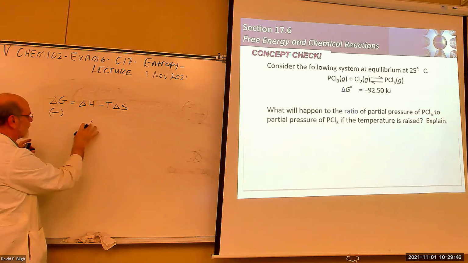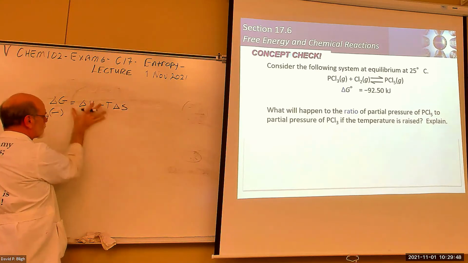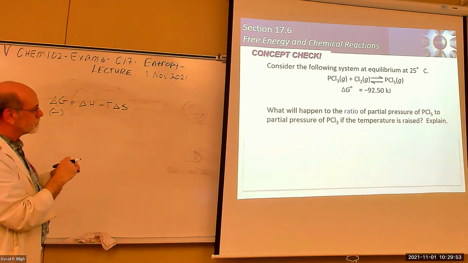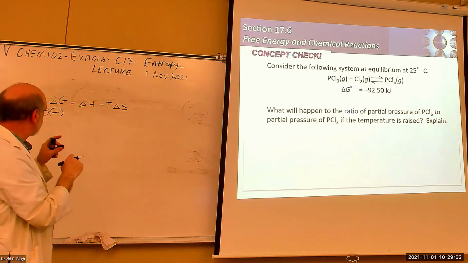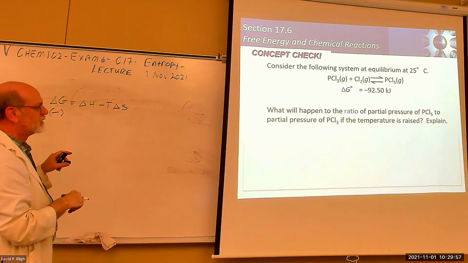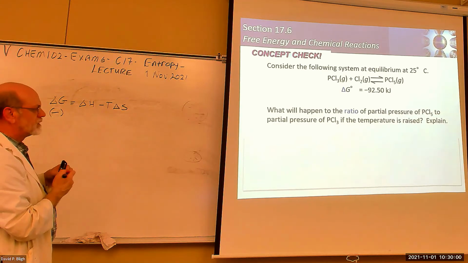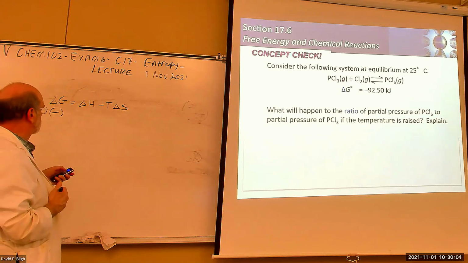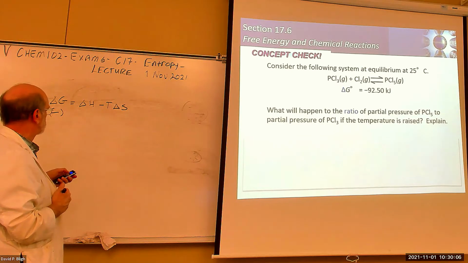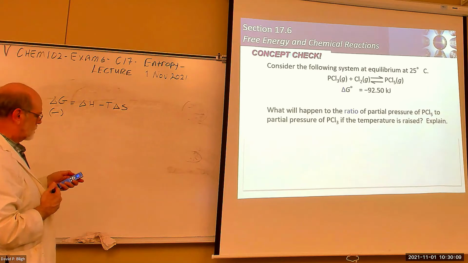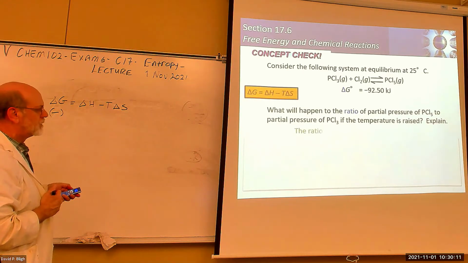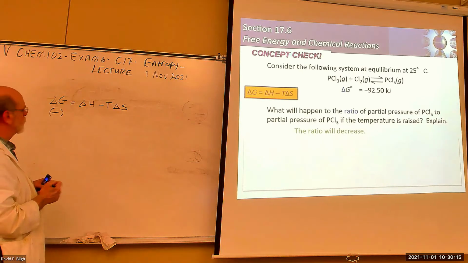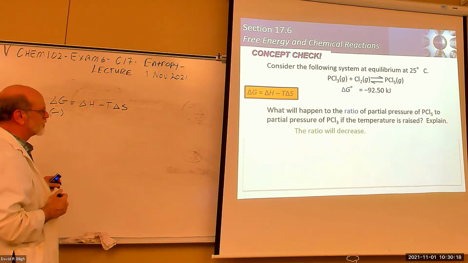If it's spontaneous, then both of these terms together have to be negative. It's at equilibrium. At equilibrium, delta G. Okay. All right. So we're supposed to get a decrease in the partial pressures like that.